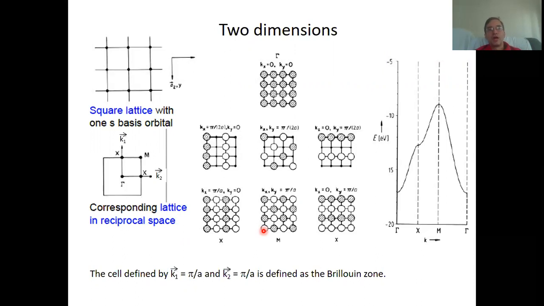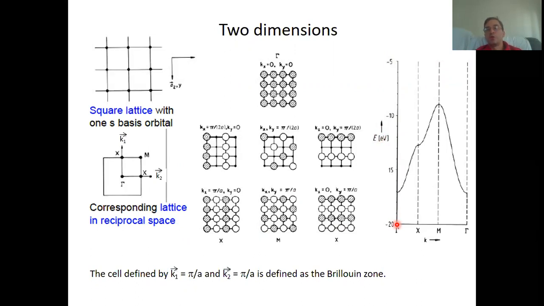Okay, so now we can actually define our band diagram, which is now depicted here. We have the energy of our crystal orbitals, which will depend on how bonding or how antibonding the crystal orbitals are, versus the k vector in the reciprocal space.